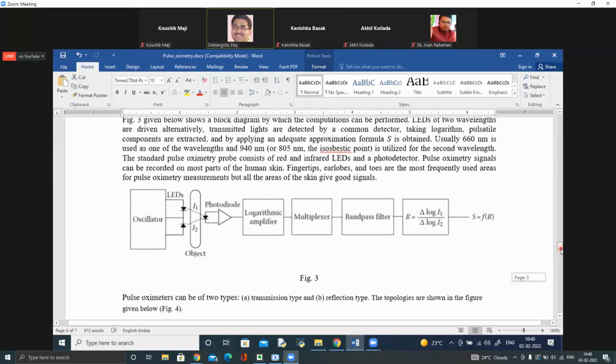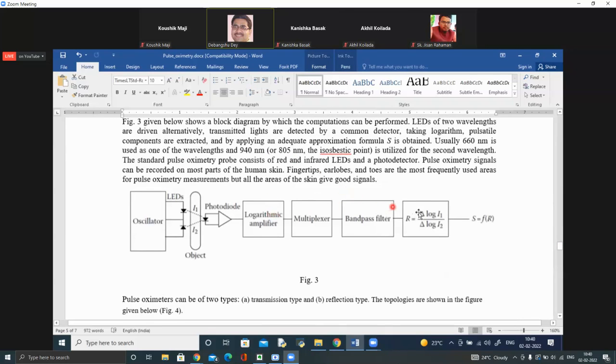See here, we are using only a very simple calculation. We are calculating this R, and we are just taking this log, and as we are taking the log, we are assuming that the relationship is sort of a linear relationship.